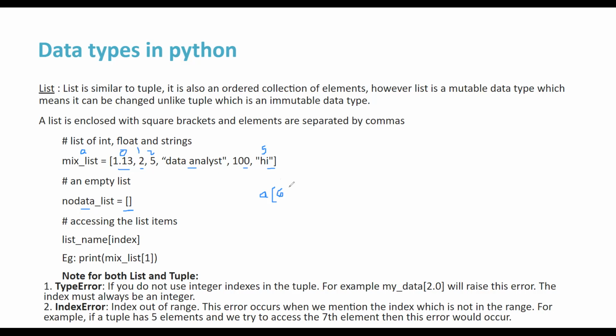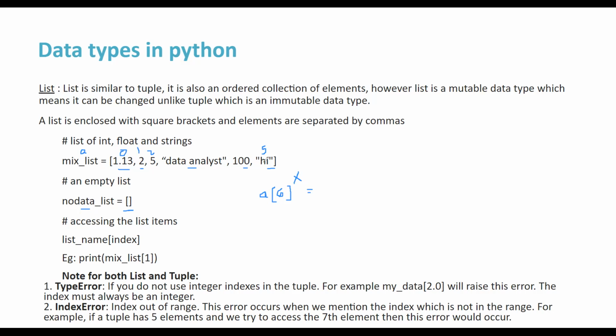We don't have any value with index 6. So what happens in such cases? It is going to give me an index out of range error, since we don't have any value with index 6.